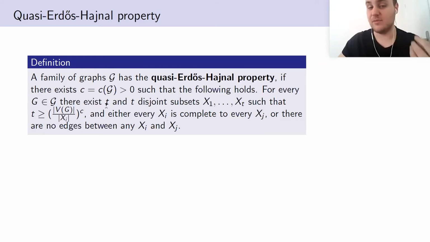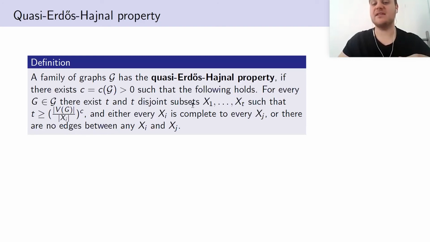It not only depends on the number of vertices, but it can depend on the very structure of G itself. Now if we can find this T, and we can find T disjoint subsets X1 through XT, such that the sizes of these sets are large enough with respect to T and the size of G, we have this formula. It's not important now.